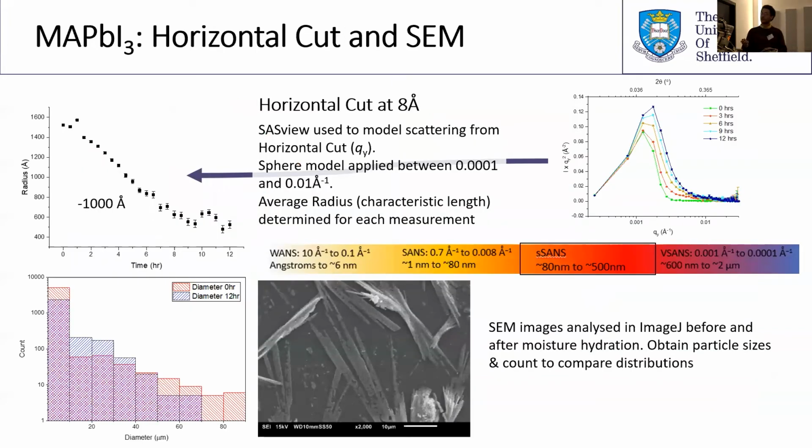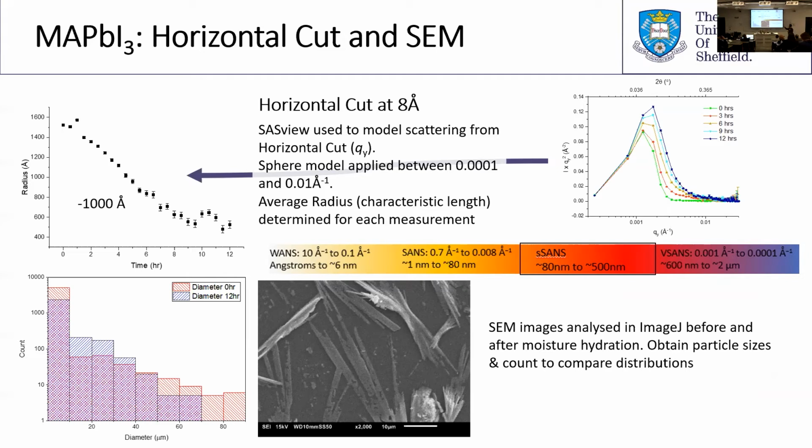If we look at the horizontal cut, as I was before, we're now looking at mesoscale scattering features. You can take a bulk cut through the film, so basically we're looking through the entire film thickness, and we see a decrease. I modeled this using SasView. It's a decrease in the characteristic length, which relates to perhaps the intergranular spacing, the actual mass moment of the particles.